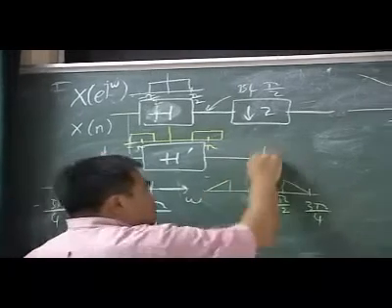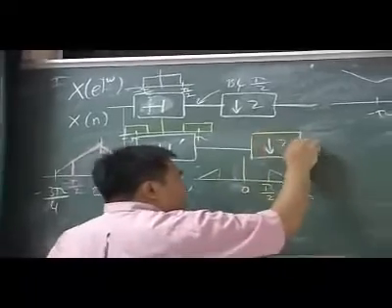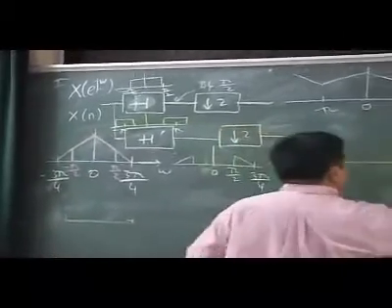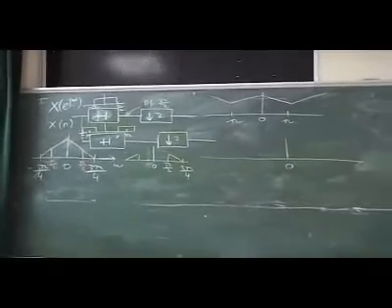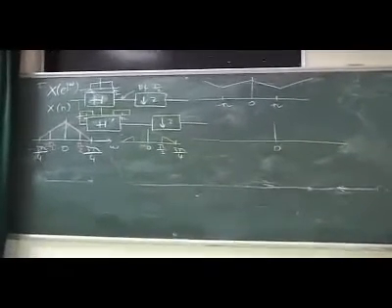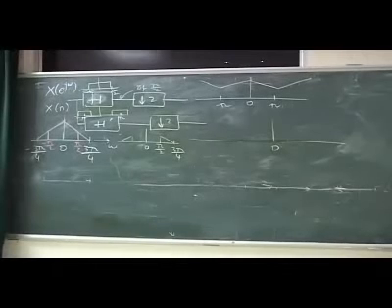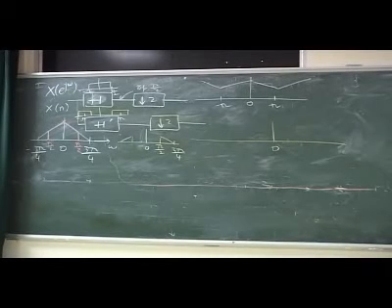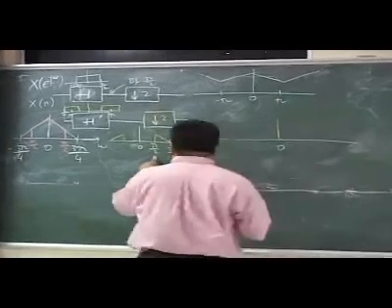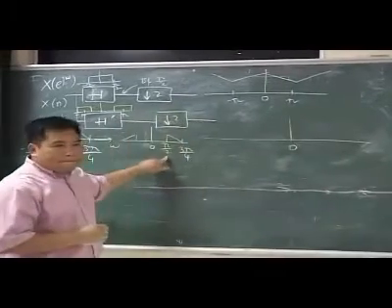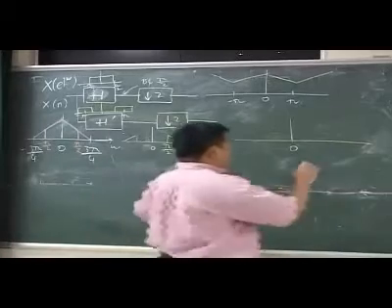And if I downsample by 2, what does the output look like? Where does pi by 2 map to? So pi and 3 pi by 2.